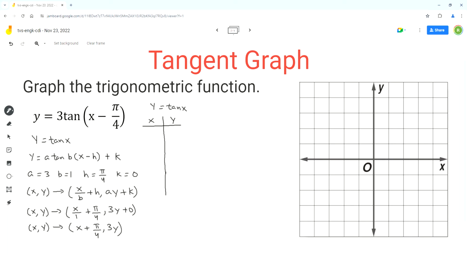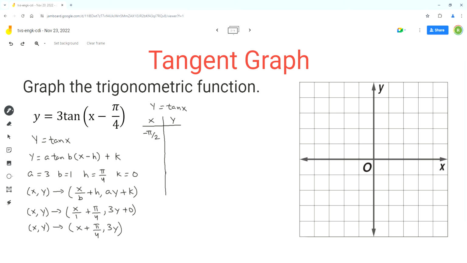As you may know, the graph of the tangent function has vertical asymptotes and the period of the parent function is pi. We can use the x values for the parent function from negative pi over 2 to pi over 2 because that represents one full cycle. There is a vertical asymptote at x equals negative pi over 2 and the other one at x equals pi over 2.